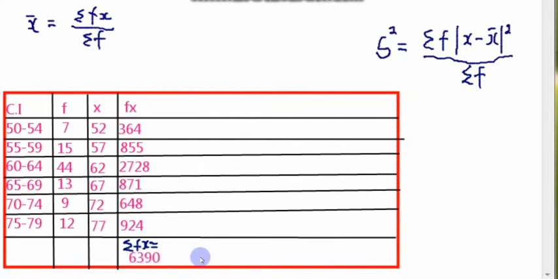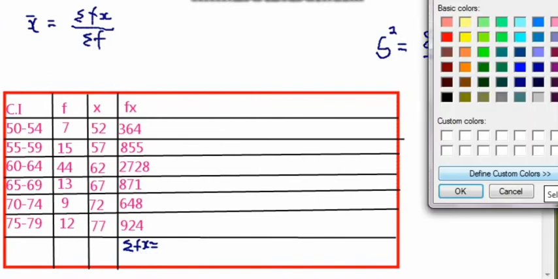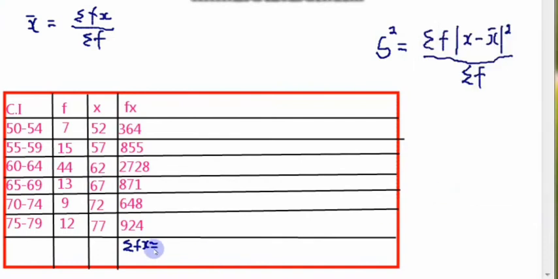So our summation FS is 6,390. The next thing we have is to compute our mean, having known that summation FS is 6,390.